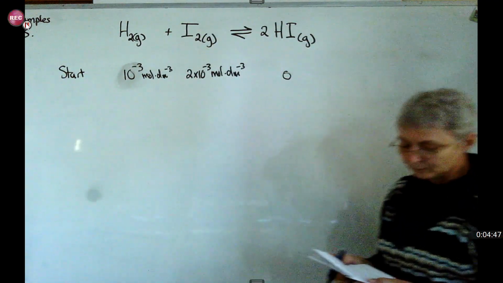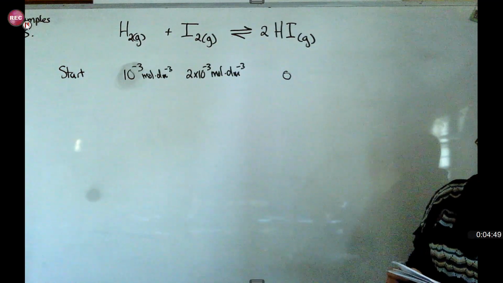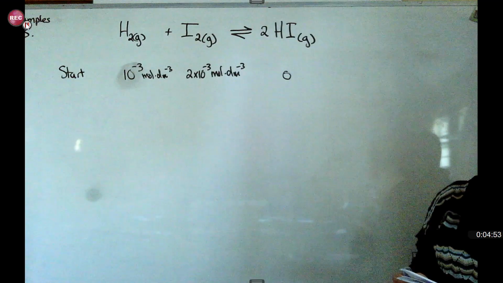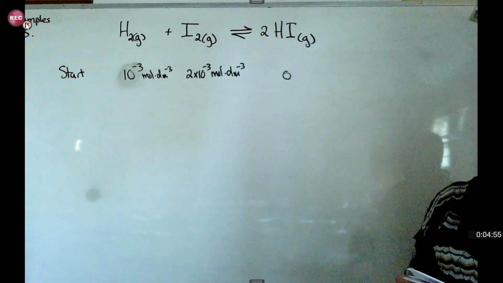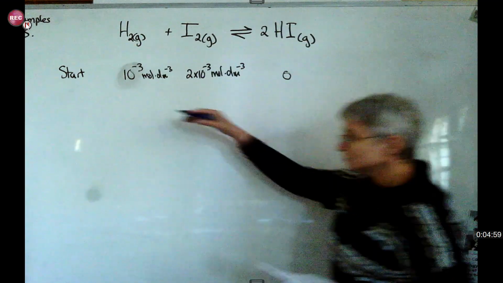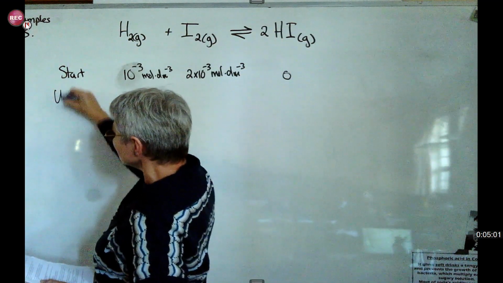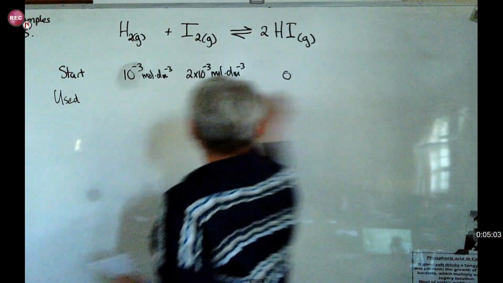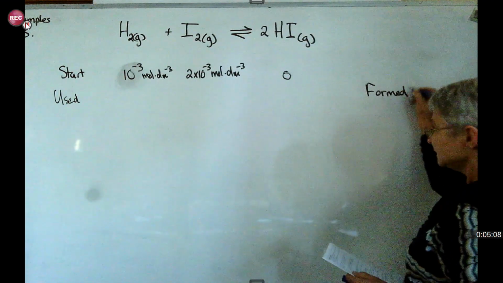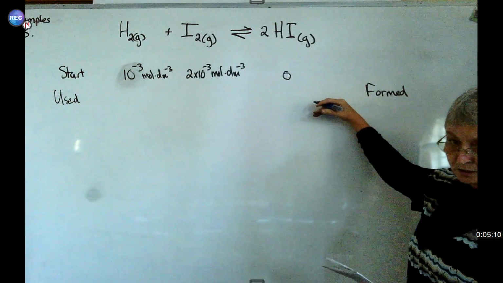When the equilibrium mixture is analyzed, it shows the equilibrium concentration of HI is 1.87 times 10 to the minus 3 mole per cubic decimeter. So I need to skip the used and formed step and leave a line for this.